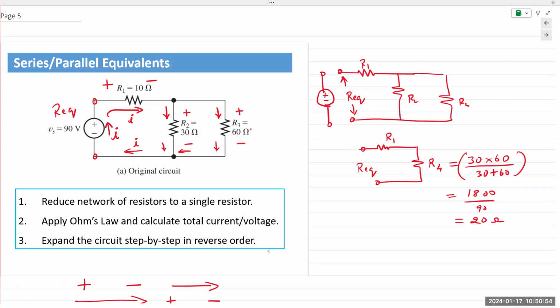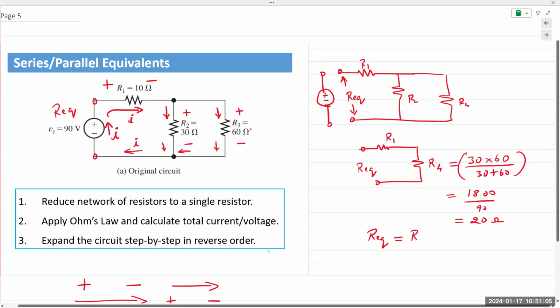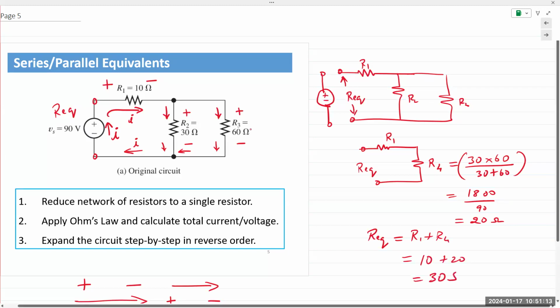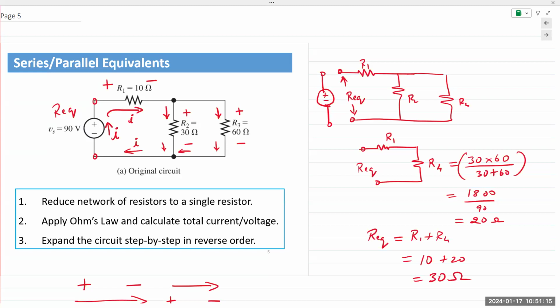Thank you. And so REQ is R1 plus R4. 30 ohms. Yes.